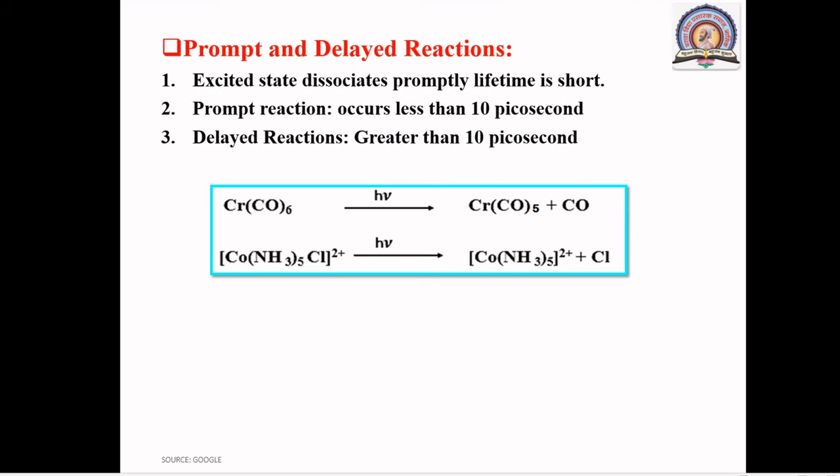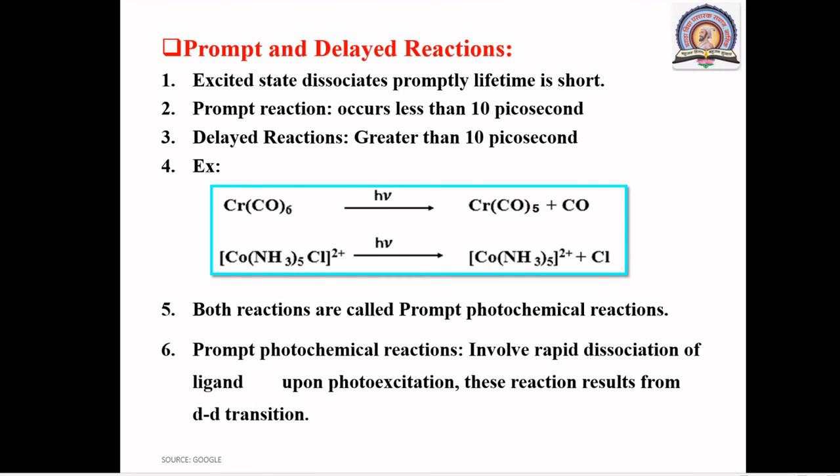This was about fluorescence and phosphorescence. Now see prompt and delayed reactions. The excited state dissociates promptly, and the lifetime is short.